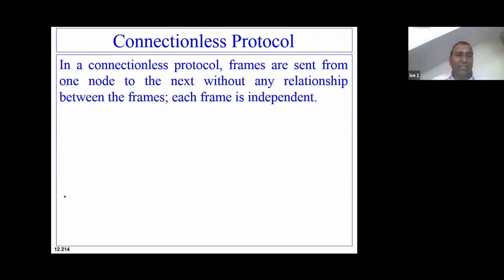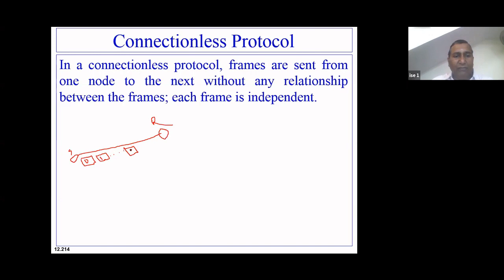As I was telling, this is the sender and this is the receiver, and 10 frames were sent. This was frame number 0, this is frame number 1, and so on. 10 frames were sent, so this is frame number 9.